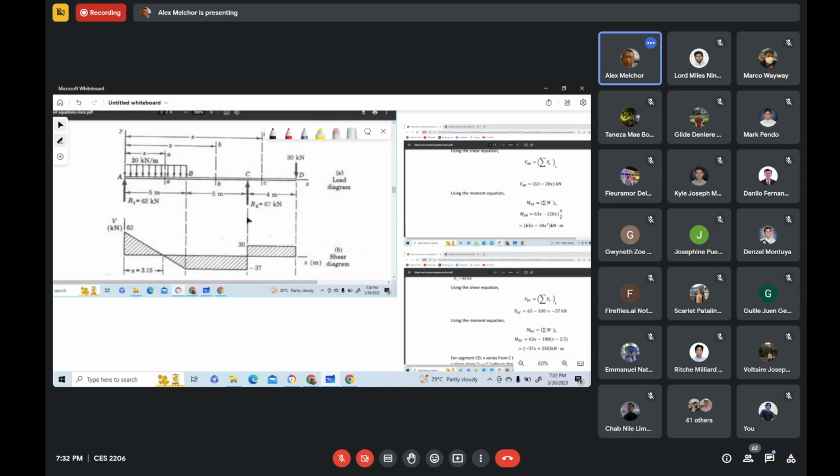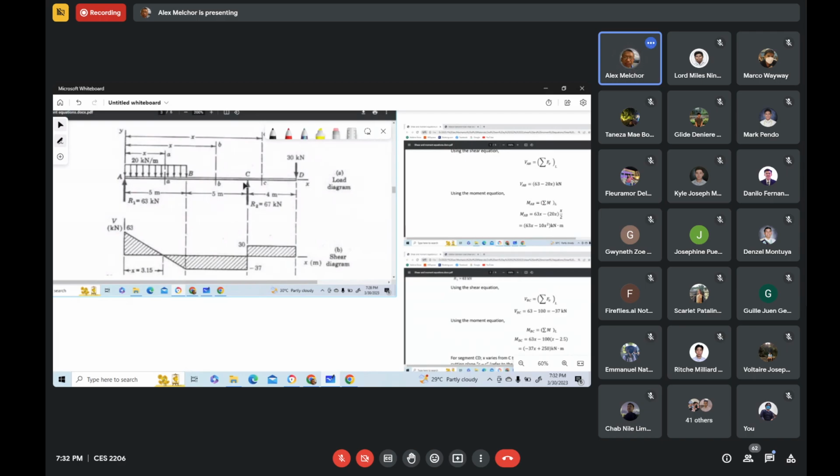And for the section where you have a point force, you should compute the shear considering an infinitesimal distance to the left of C. So when we say infinitesimal distance, that is a very short distance to the left of C. So that section is within BC.